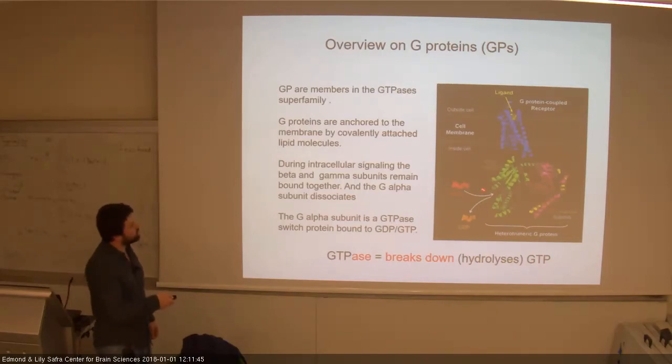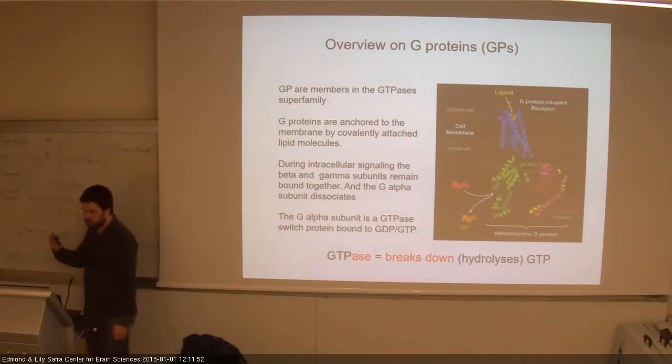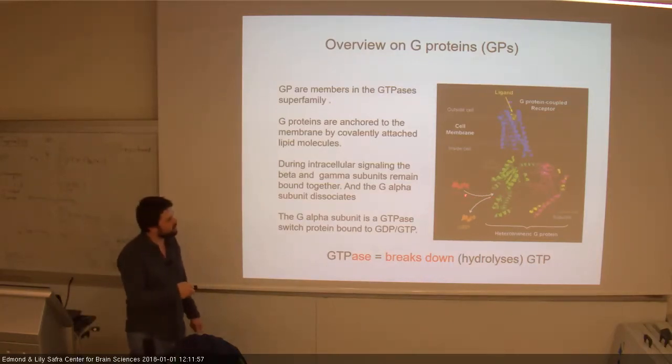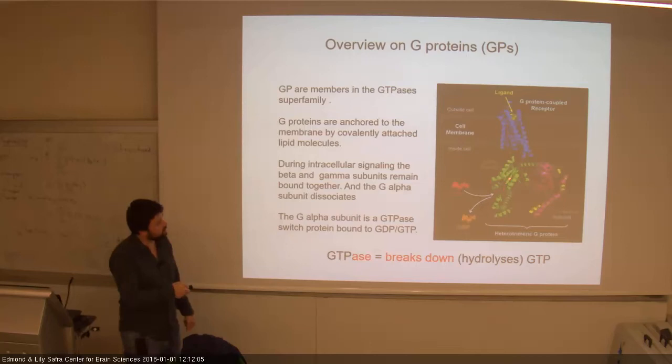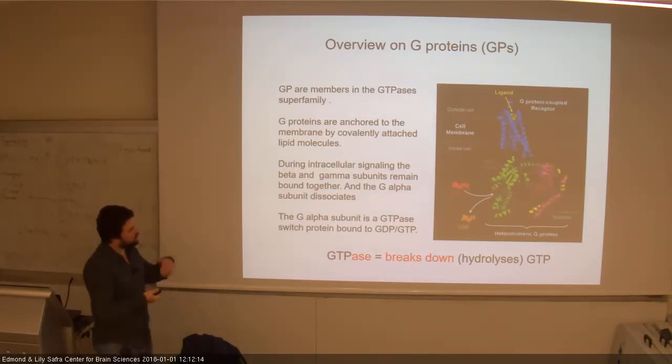The name GTPase is a little bit misleading about its function, because the alpha subunit is not simply an enzyme that breaks GTP to GDP. It's like a switch protein that has the ability to literally switch on other proteins that are close by or part of the pathway.